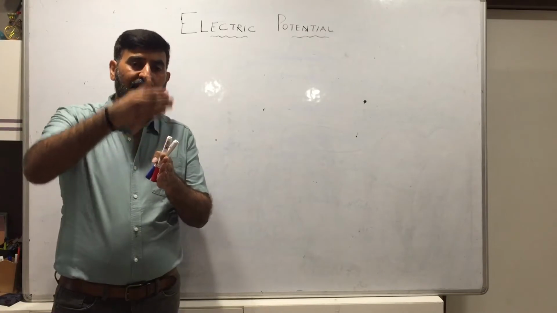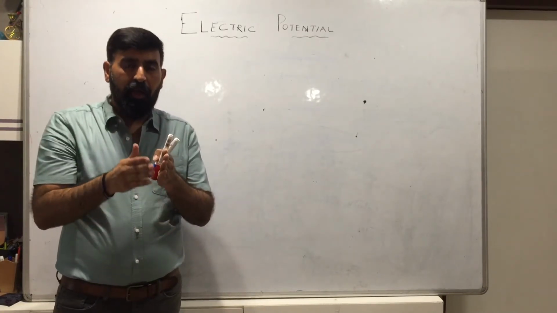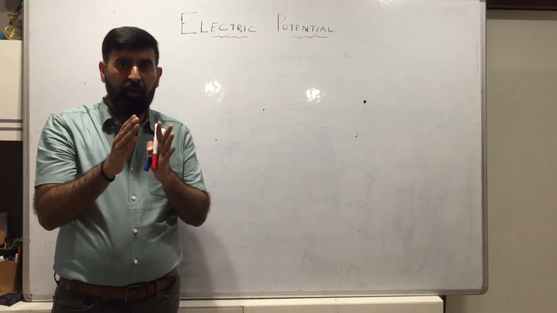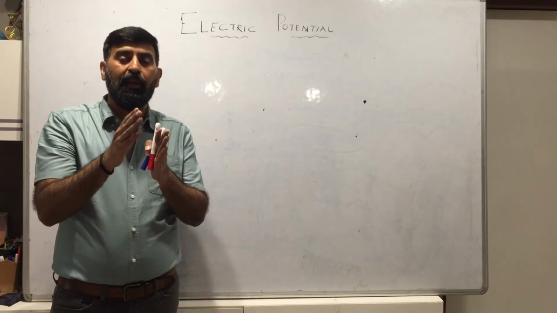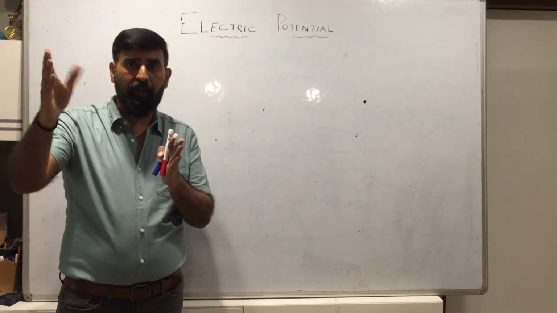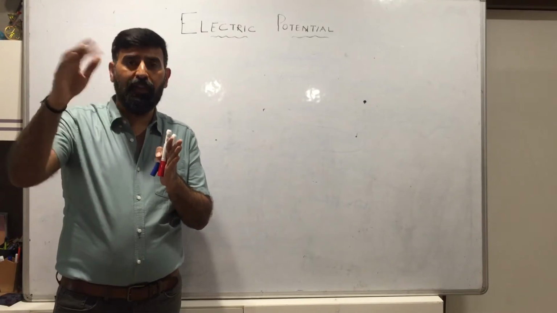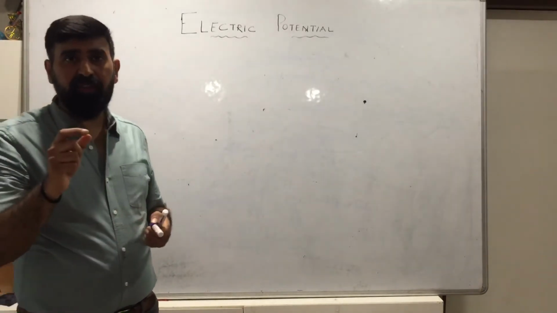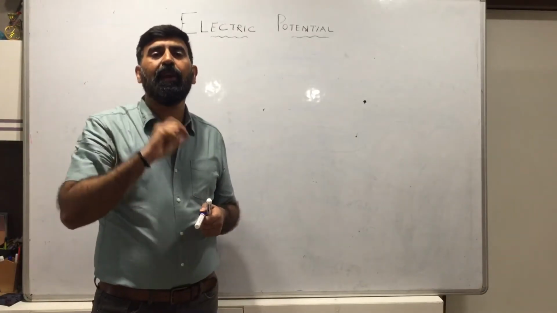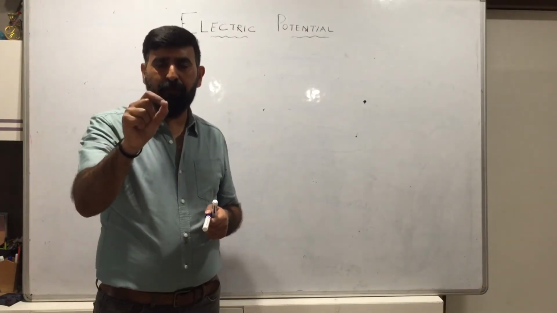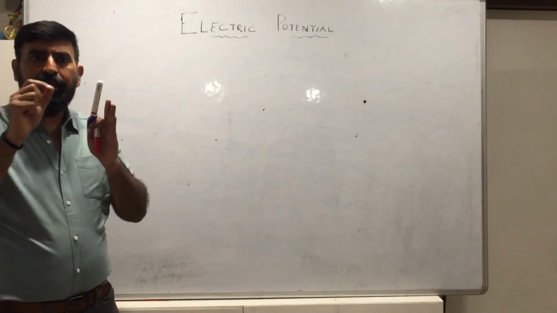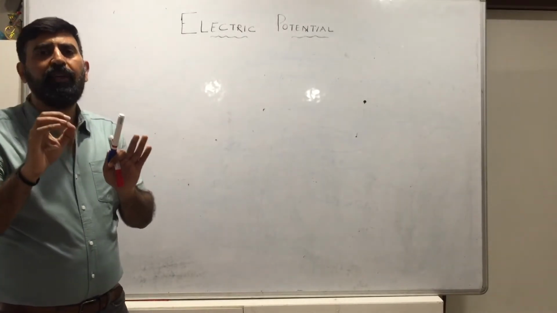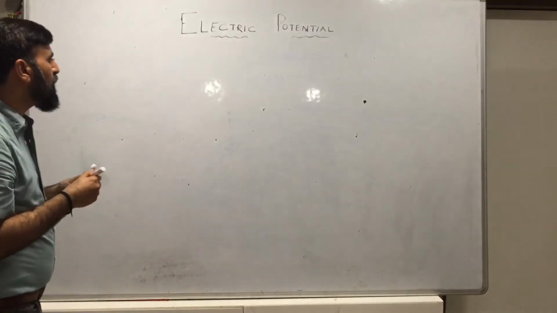We deduced the electric field on the equatorial line of a dipole, and I gave you the work of finding out electric field at any general point at a distance of r, an angle of theta from the dipole. Now what I'm trying to derive is not the electric field. I'm trying to derive the expression of electric potential at any general point due to a given dipole. Understand what I'm trying to do here.